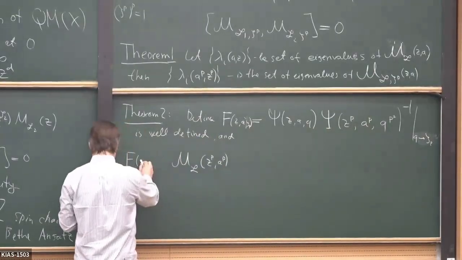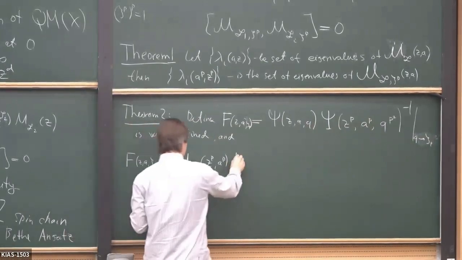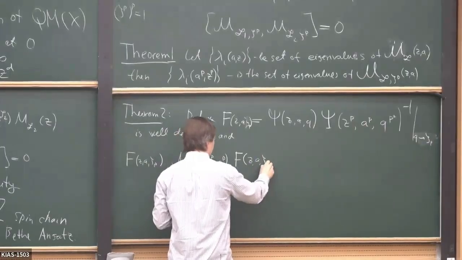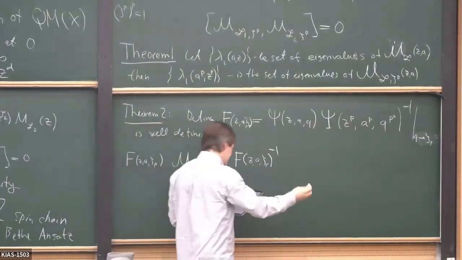So now, if we conjugate this with f, it's a matrix which is well defined. This is just linear algebra.